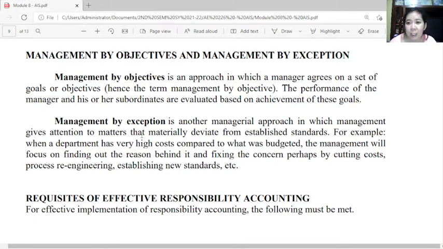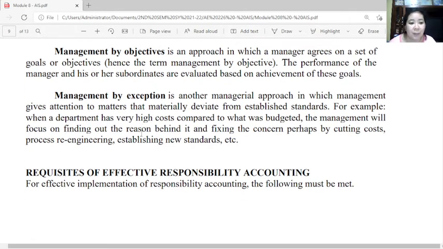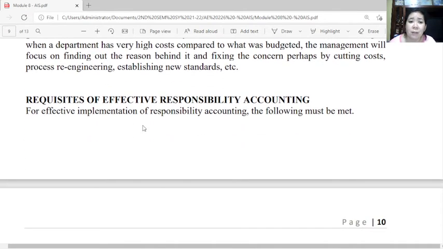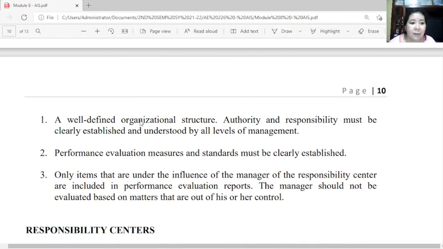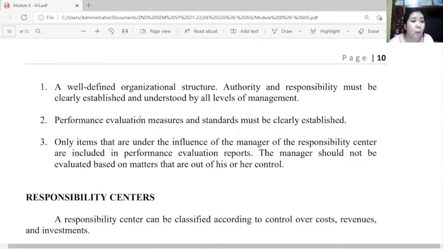But of course, these are very important in implementing responsibility accounting in an organization. So what are the requisites of effective responsibility accounting therefore? The entity should have a well-defined organizational structure. This is very important because authority and responsibility must be clearly established and understood by all levels of management, especially since we are dealing with reporting.